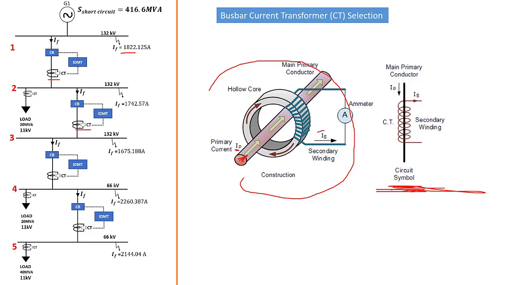Okay, now moving forward, the current on the secondary is directly proportional to the current flowing through the center of the core. Now what is the current flowing through the center of the core? That is IP. So this is a core. The current flowing through the center of the core is our busbar current. Now this current on the secondary, IS, is proportional to this current.